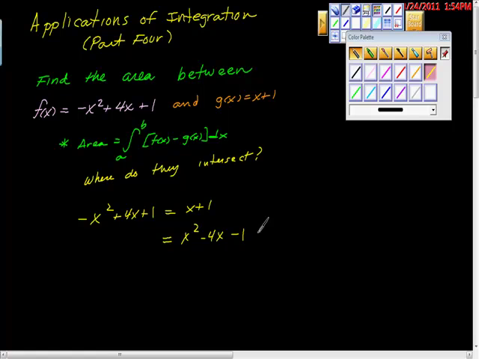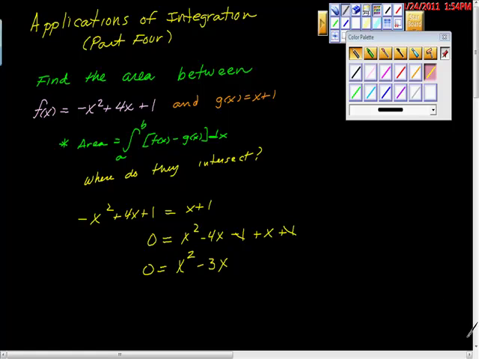It was a plus x and a positive 1 there, so all I did was add the opposite to both sides to get rid of it. Simplifying, it goes to x squared minus 3x, since negative 4x plus x is negative 3x, and the ones cancel, equals 0.